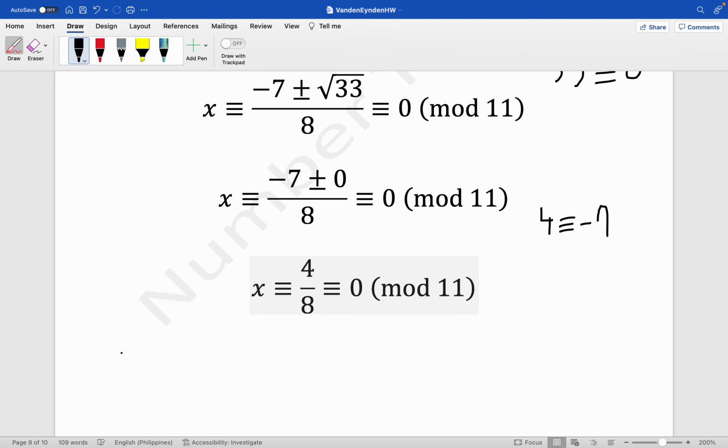So we can rewrite this as x is congruent to, and I've seen multiple symbols used right here, 4 times 8 inverse, is what I'm trying to write down here, folks. 4 times 8 inverse.